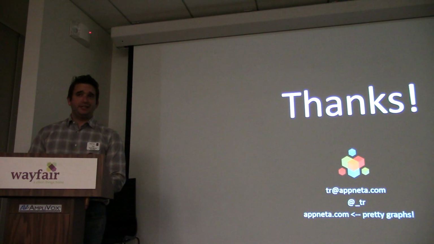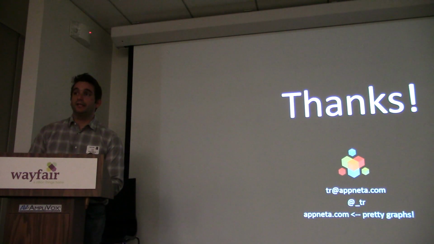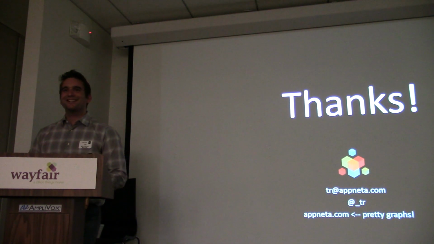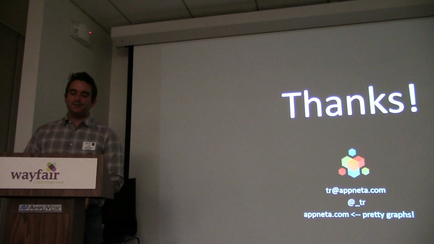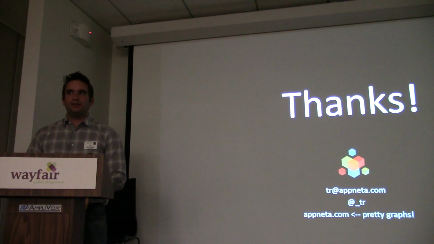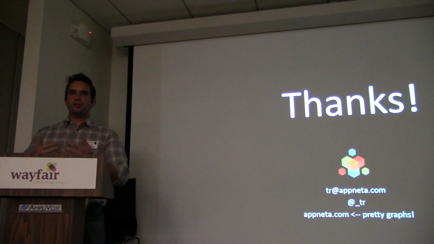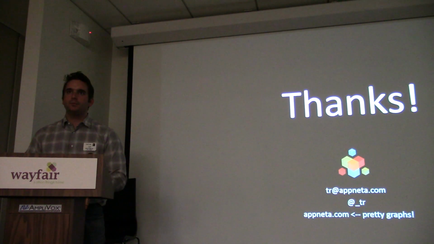So unfortunately I don't know of any tools. I'd love to stand up here and tell you AppNeta could do all this stuff, but at AppNeta we have actually run into situations where, when monitoring code in production, caching really hurts your visibility into the system.